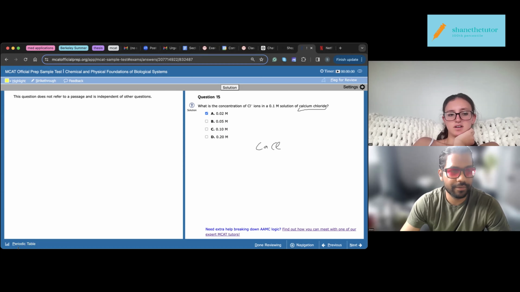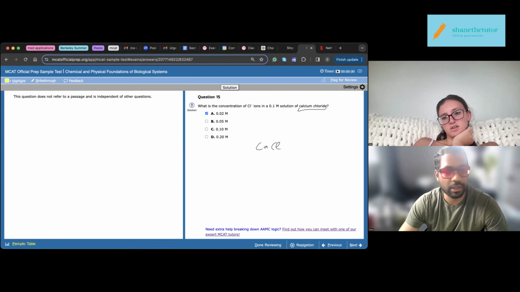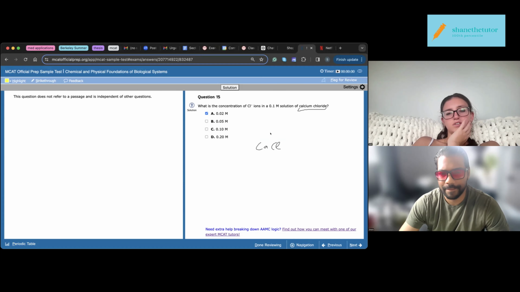What kind of ion do these make, charge wise? You can look at the periodic table. Calcium is 2 plus, and Cl is -1. So it's 1 plus overall.